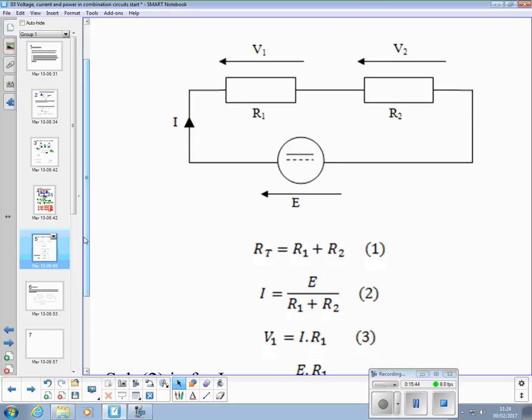This is keeping it to algebra, but it's similar to the problem we just looked at. We calculated RT by adding the resistors together, so the total resistance of this circuit is R1 plus R2. If we substitute that into Ohm's law for I, we get I is equal to E over R1 plus R2. So we can directly calculate the current in one go.